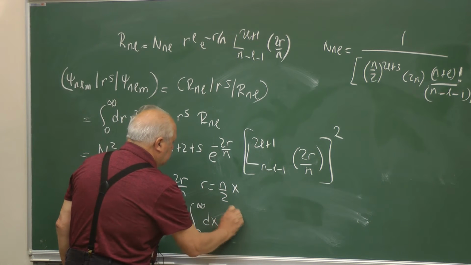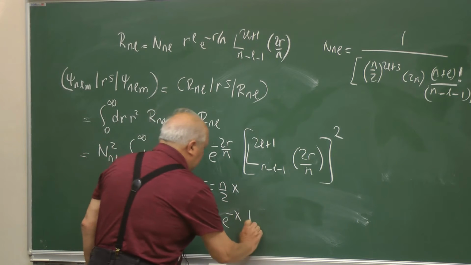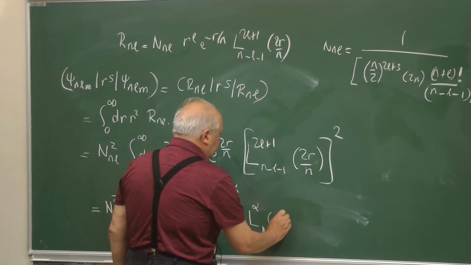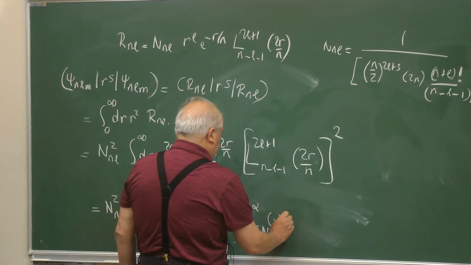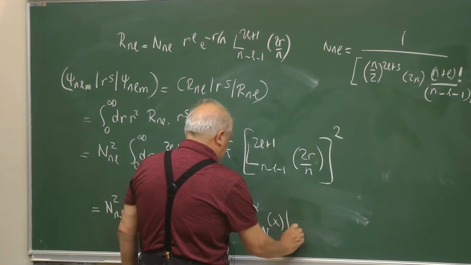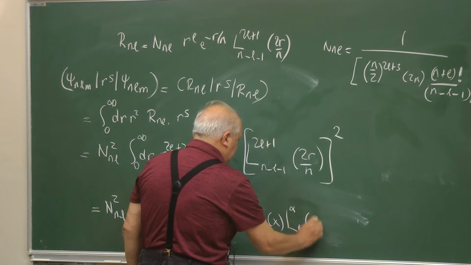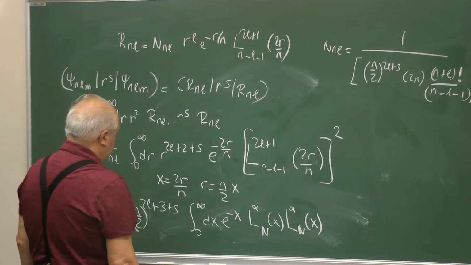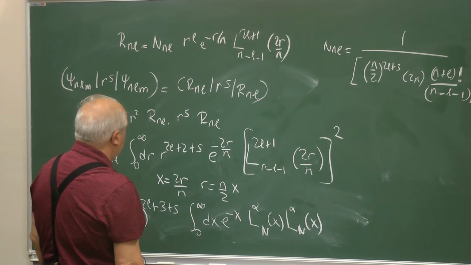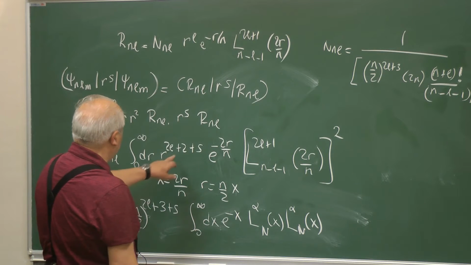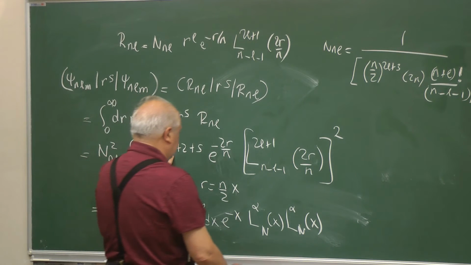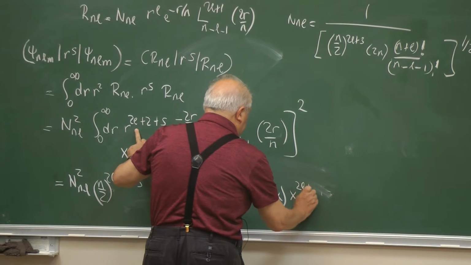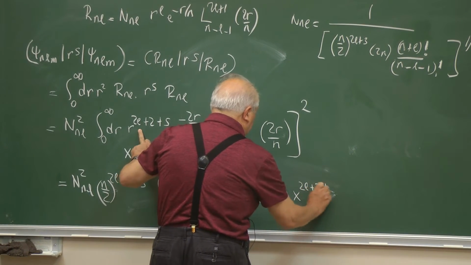e to the minus x, L alpha n of x, let me write it like this, squared, times the power here, x to the 2l plus 2 plus s.